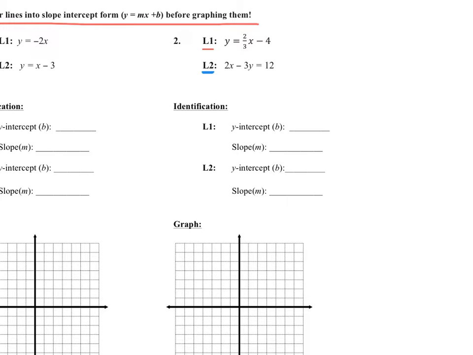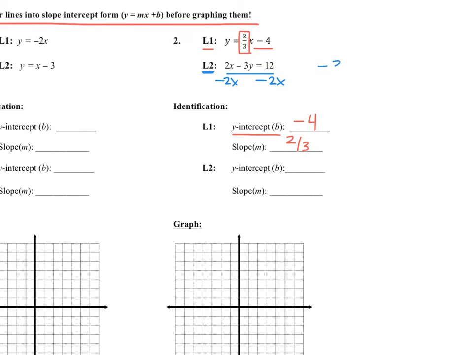So let's start with line 1. It asks you down below, what is the y-intercept of line 1? Well, your y-intercept is -4, okay? Your slope is 2/3. Okay, so that's line 1. Line 2, we can't find our y-intercept and our slope right now unless we solve for y. So the first thing we're going to do is take 2x away from both sides.